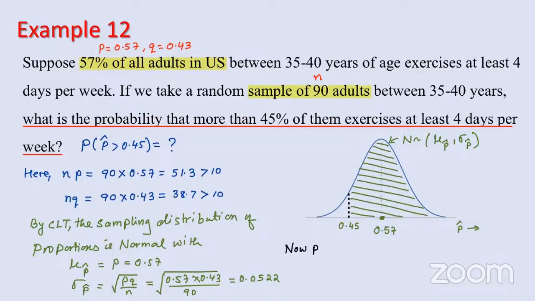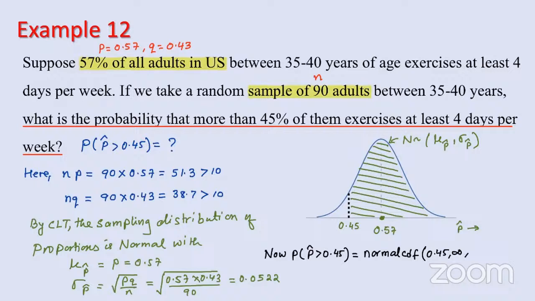Now, probability that p hat is greater than 0.45 is equal to, what do we use? Normal CDF or inverse normal? Normal CDF. Okay. Because for area or probability, we use that. And then we start with the lower boundary. What is the lower boundary for the area? 0.45. What is the upper boundary?